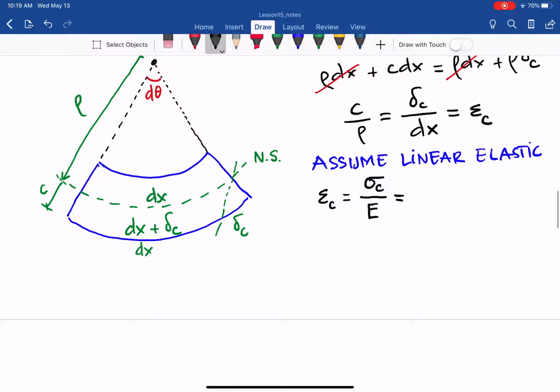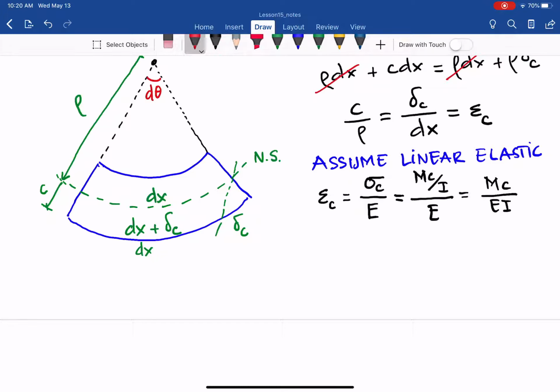And sigma c at the linear elastic, sigma c equal to Mc over I divided by E. And simplify that, we have Mc over EI.